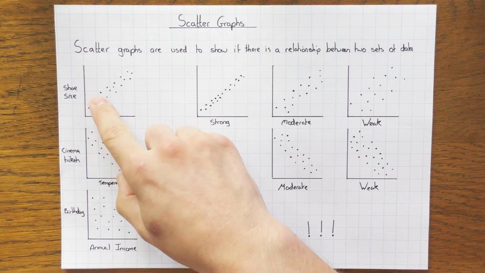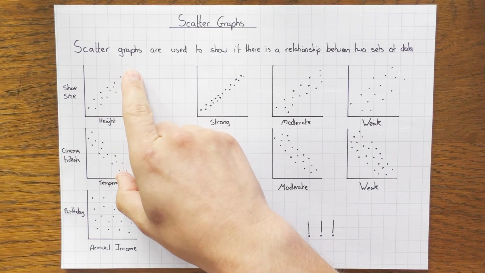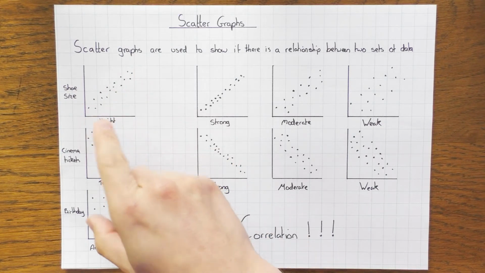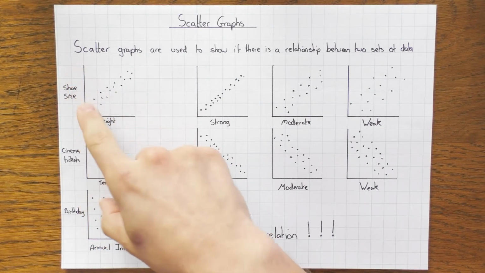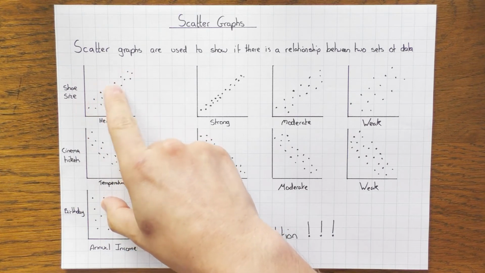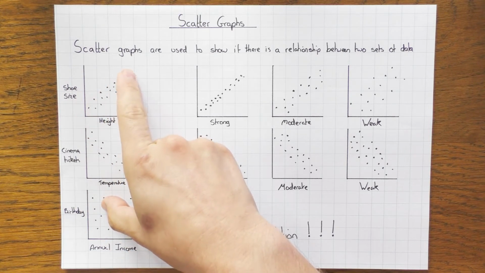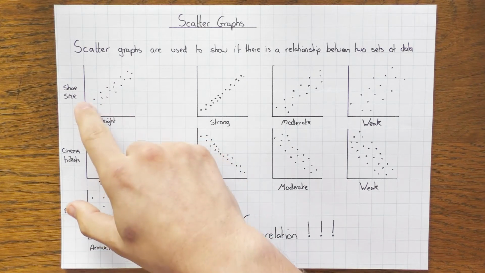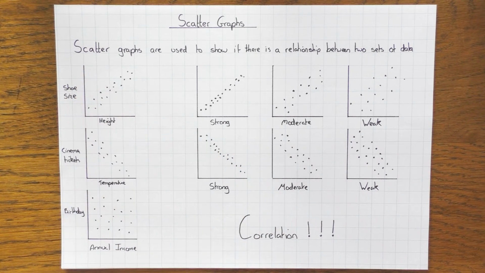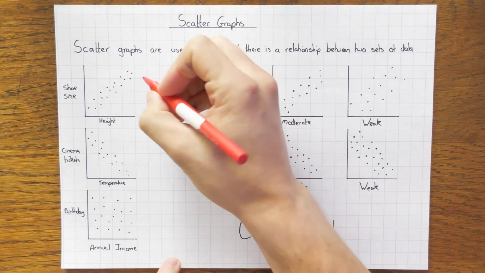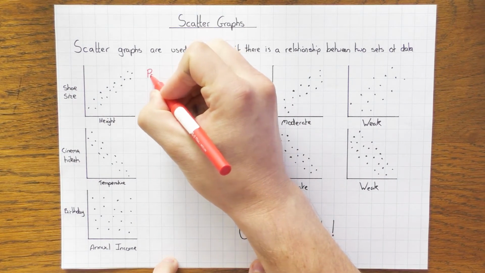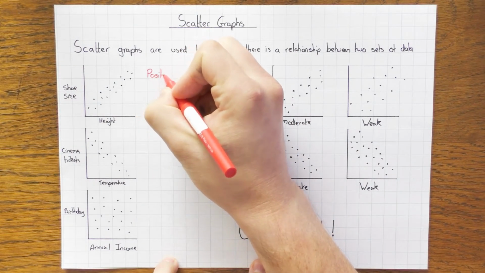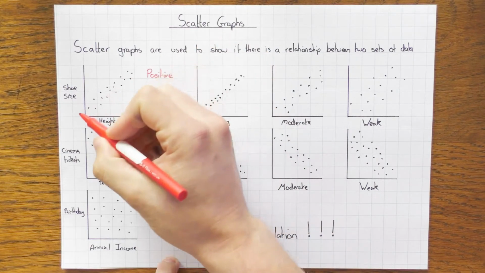Now when you have all the points increasing like this one here, so as the height increases and the shoe size increases, we can see we get this sort of pattern here. This shows there is a relationship. As one increases, so does the other. And we say that that's got a positive correlation because they're both increasing.